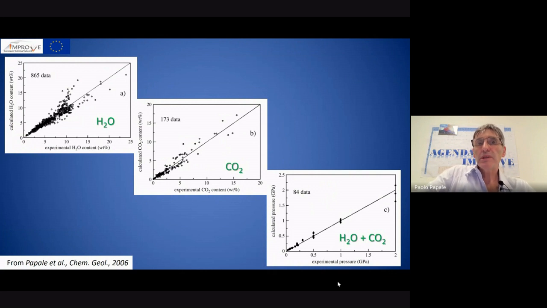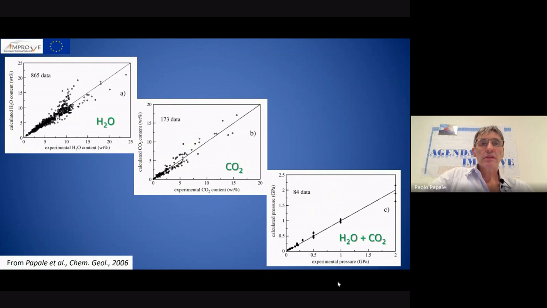Finally, water plus carbon dioxide saturation data are shown in the lowermost diagram in this figure, from which you can read the correspondence between the experimental pressure and the pressure determined from the model, both based on the experimental dissolved volatiles.